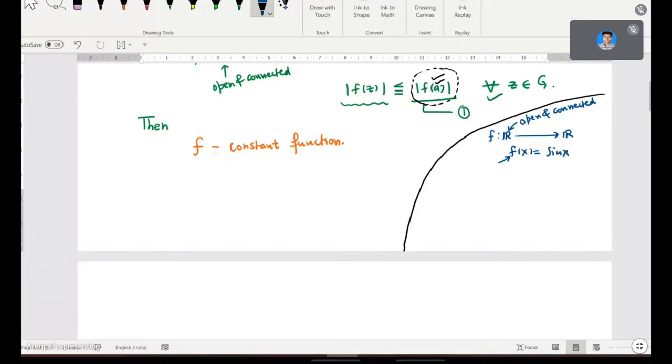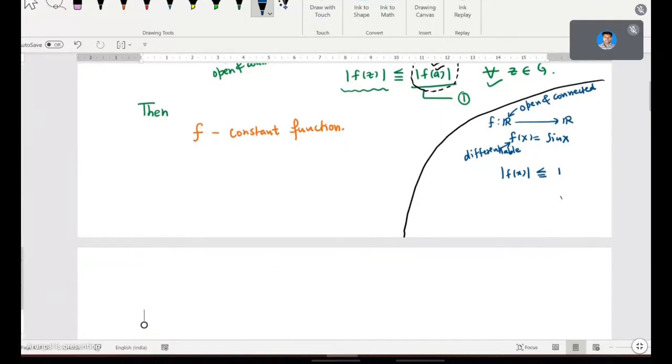This function f is differentiable on the whole of the real line. Moreover, this function is bounded as well. It is bounded by 1. And moreover, 1 can be identified as, for example, the modulus of the value of f at pi by 2 or at minus pi by 2 or likewise.